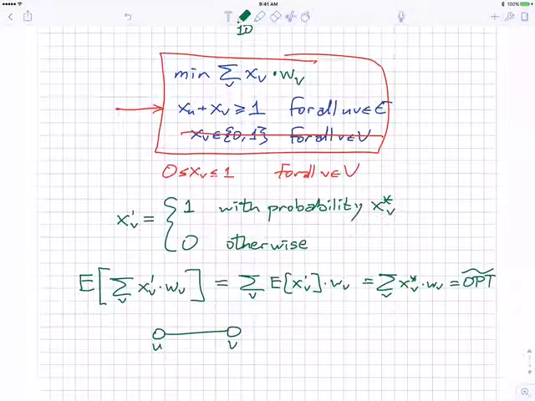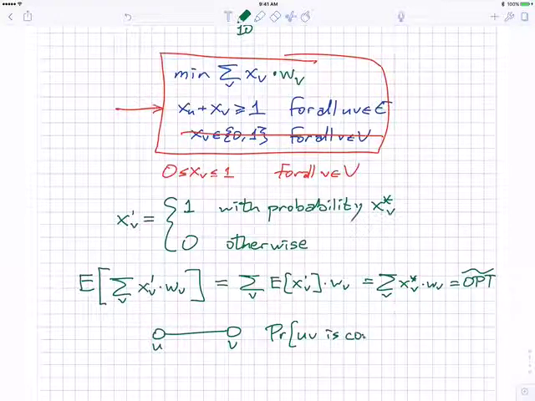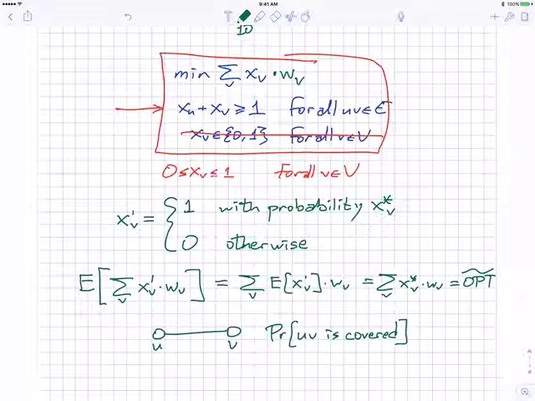On the other hand, I can say something about the probability that, what's the probability that UV is covered? I round this to these indicators x prime. That gives me a set of 0, 1s, which prescribe a subset of vertices. What's the probability that UV is covered?